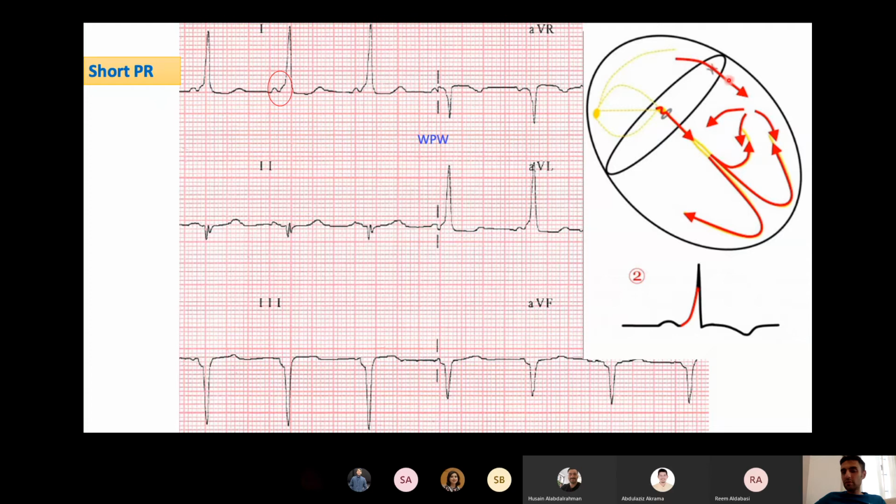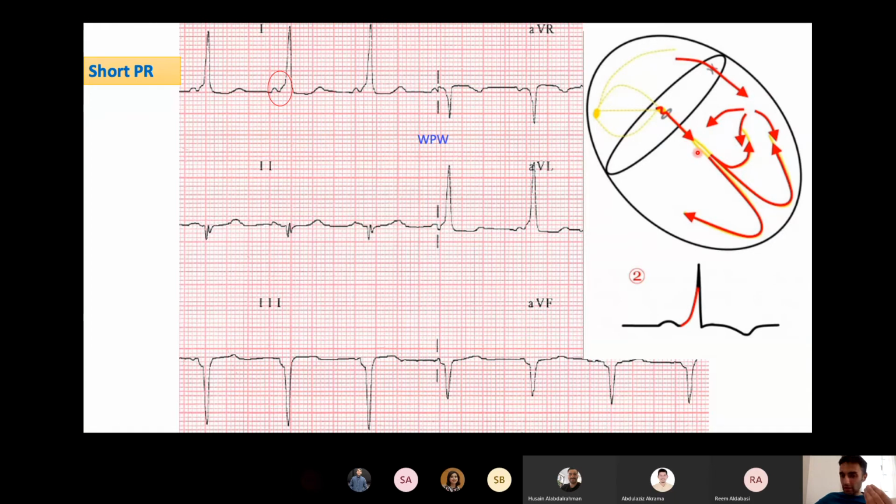However, this other AV node conducts electricity rather quickly. Normally the conduction is a little bit slowish in the AV node, but in this accessory pathway it's rapid. So you have an area of the myocardium that is activated before the His-Purkinje system activates the myocardium.